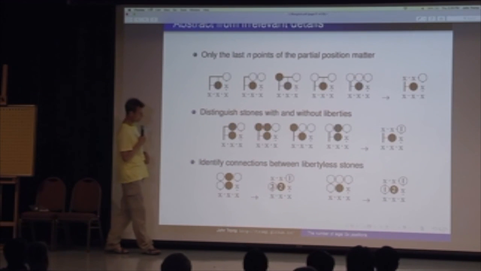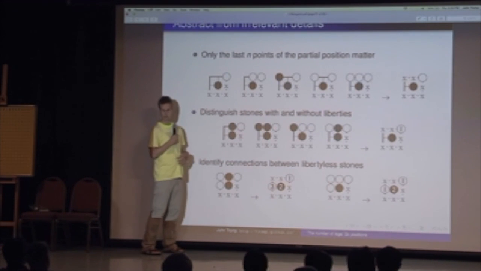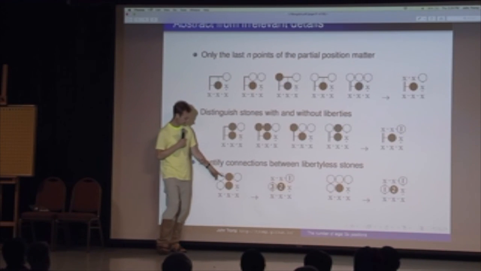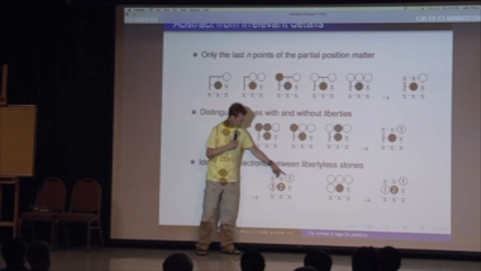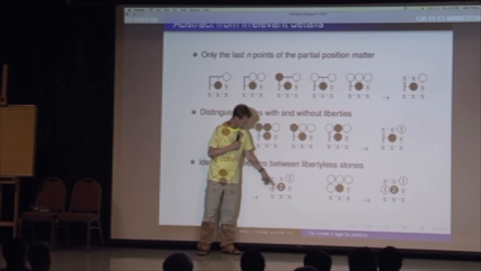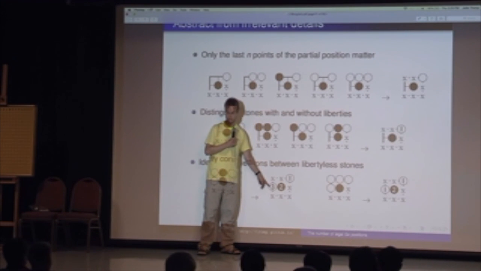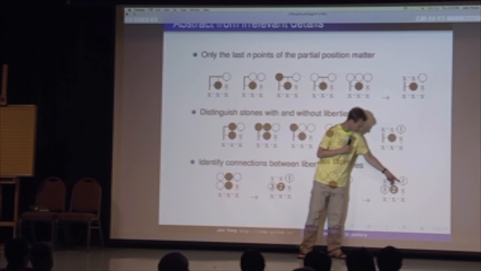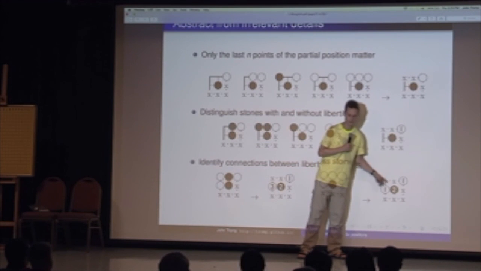Finally, for the points without liberties, I do need to know how they are connected. So in this case, I end up with a libertyless white stone here and the unconnected one here. Whereas in this case, I have a libertyless white stone here and here, but they're connected. So I need to remember these are connected.